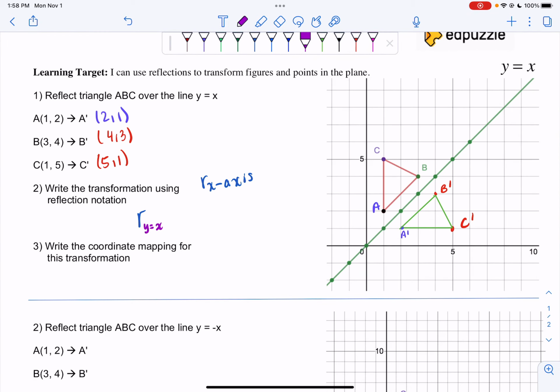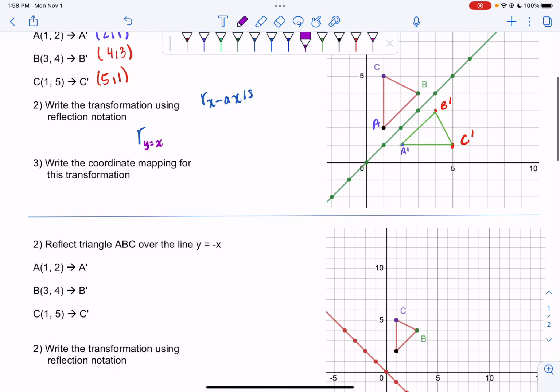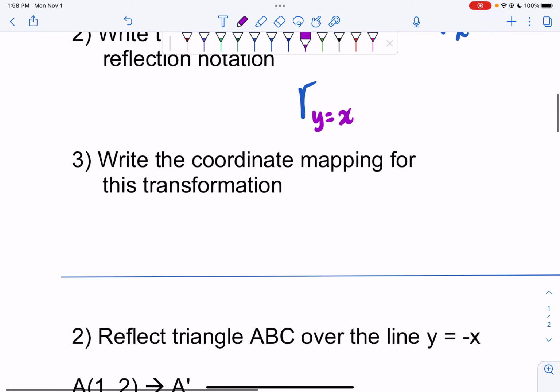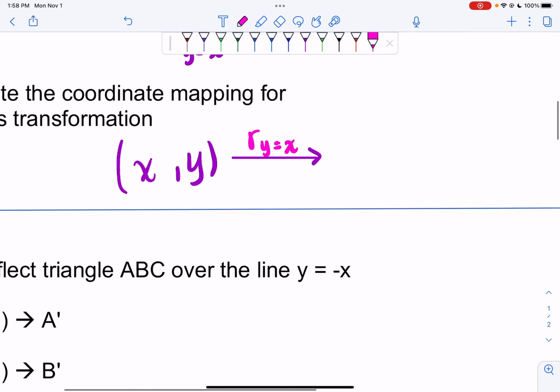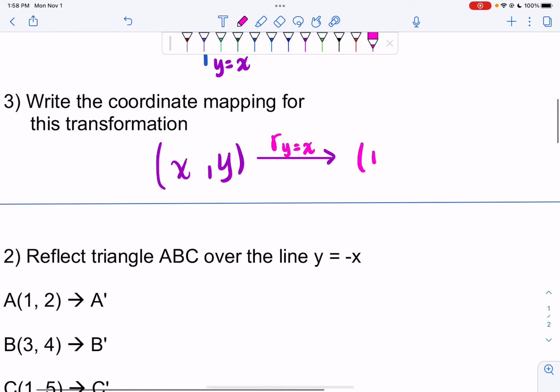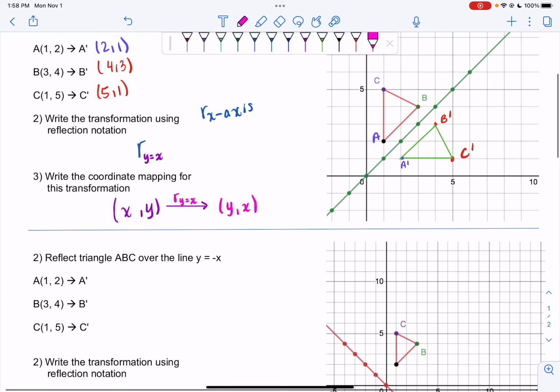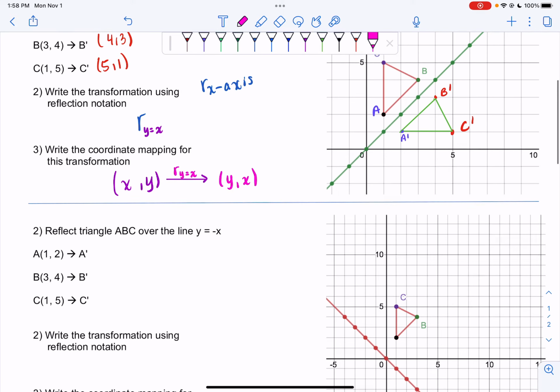Miss Colliburn and I go over the mapping rules. Here's how we'd write our coordinate mapping. We start with our ordered pair x, y, and if we're doing a reflection over y equals x, we just switch our x and y values. So our coordinate mapping would be y, x. And that's how you reflect over the line y equals x.